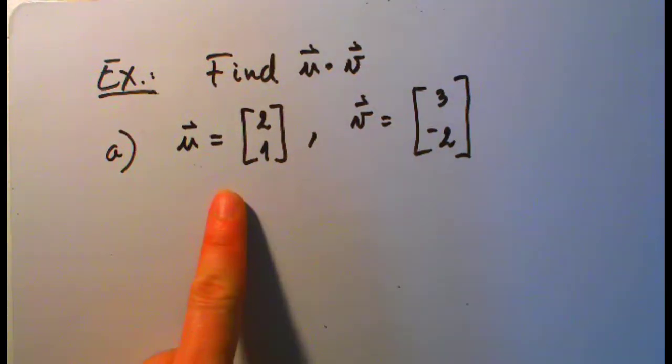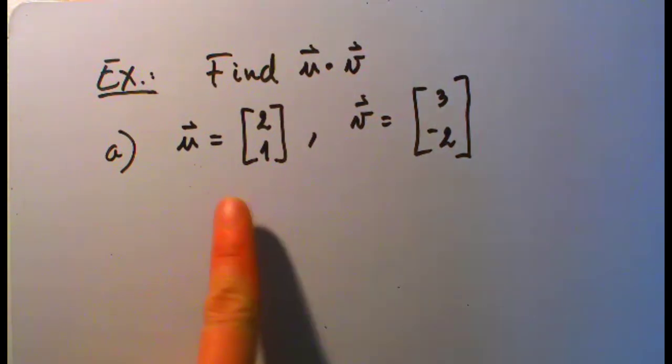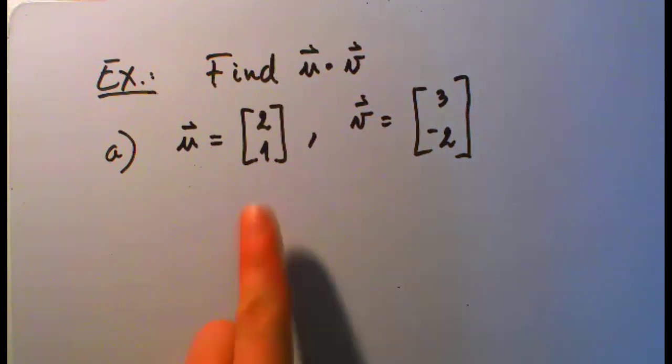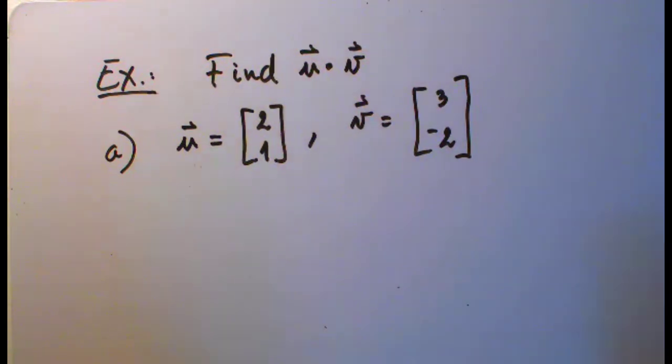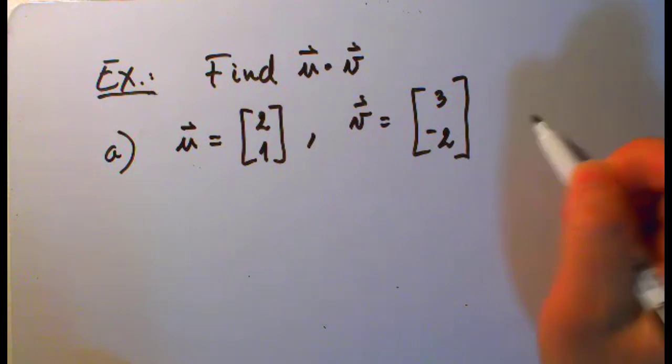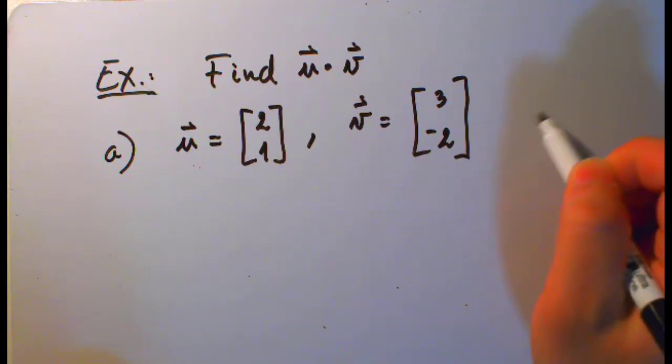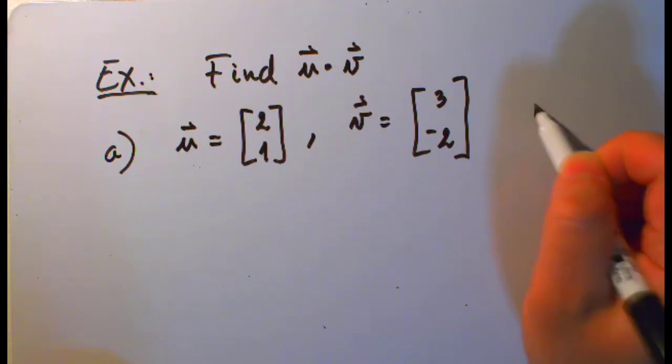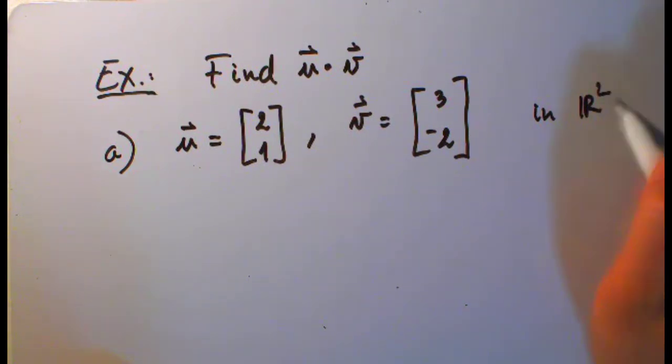Immediately, as we have seen from the definition, each one of these vectors is clearly in R2, so we are working in R2.